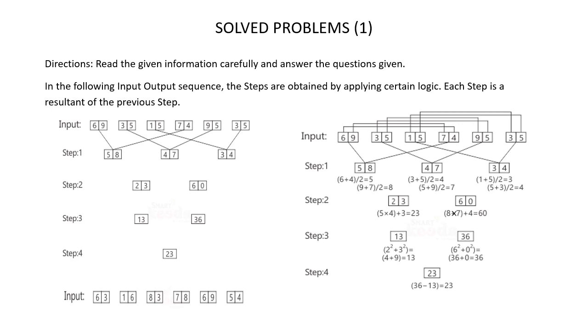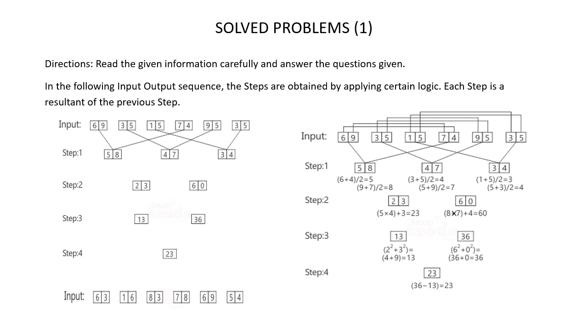Now when you move on to step 3, you will see that the square of the first digit plus the square of the second digit of the first number of step 2 gives the first number of step 3.